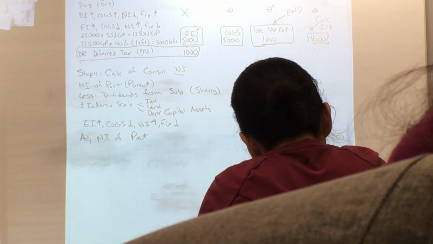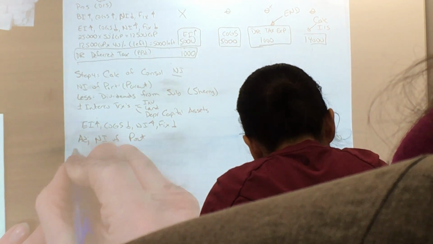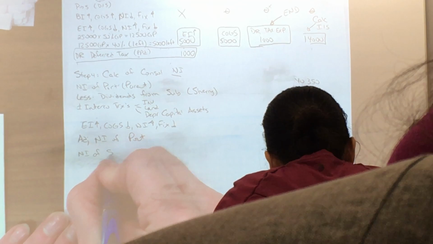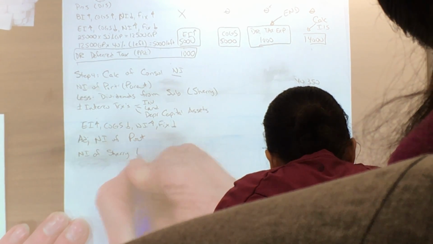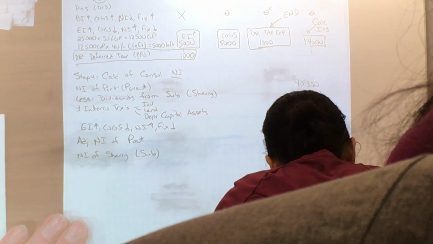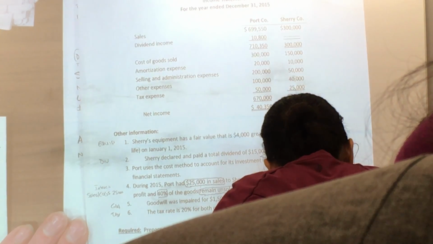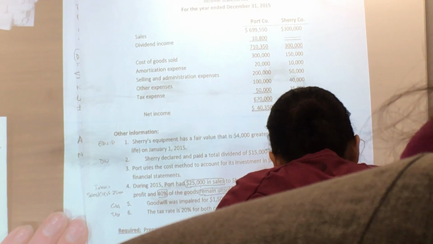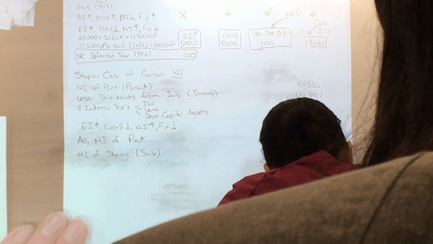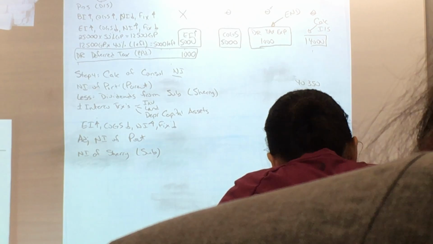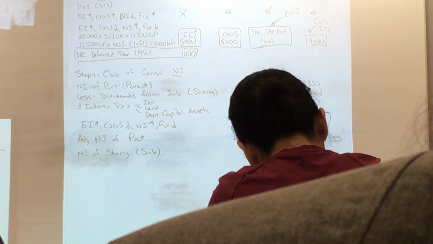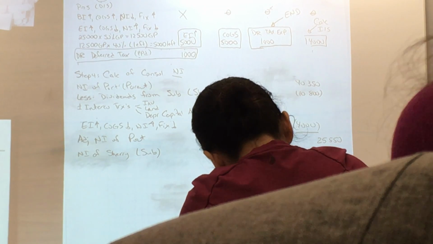Okay. Next, we have net income of Sherri, correct? And that is our sub. And the net income is 25,000. So we take the 25,000 like we normally do, but this is where we have to do a slight change.